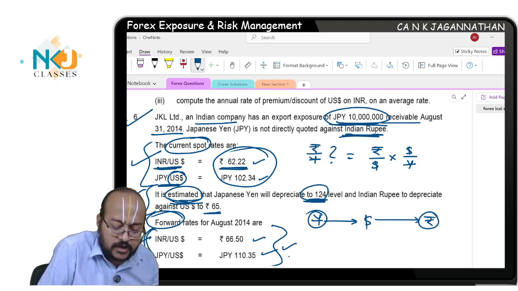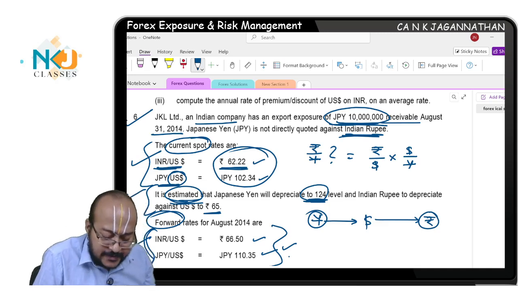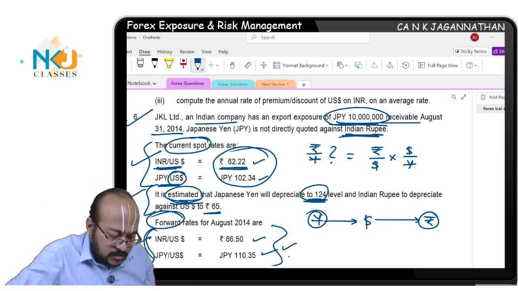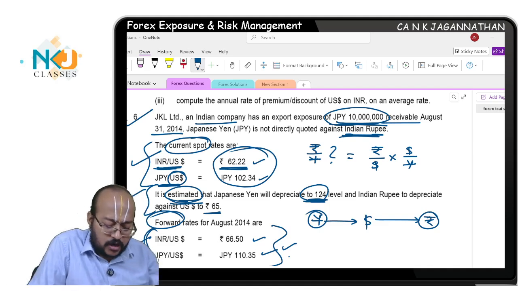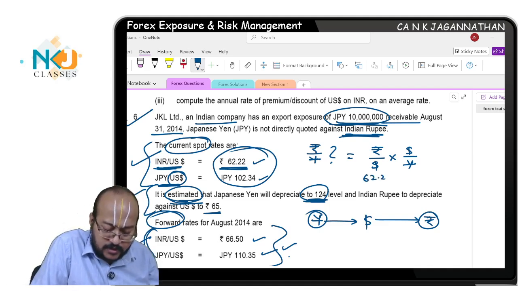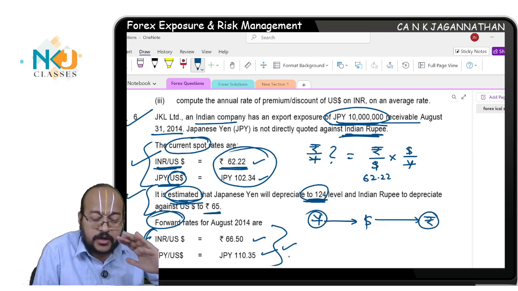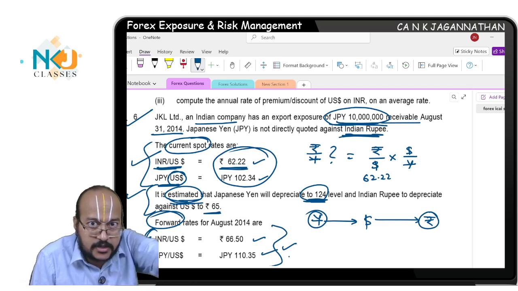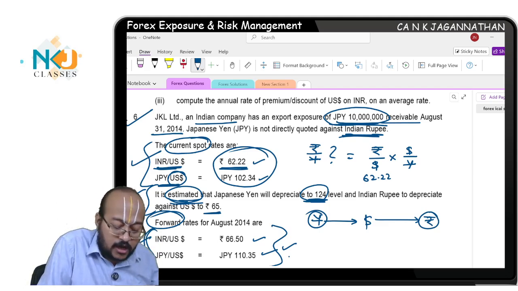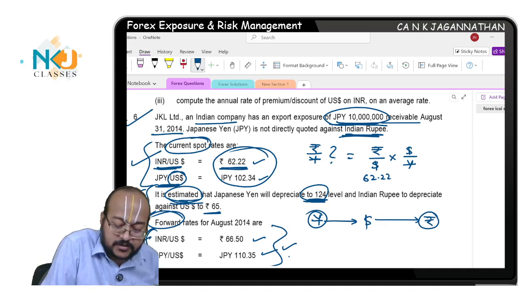Rupee per dollar is 62.22, but first you need to sell yen and purchase dollar.